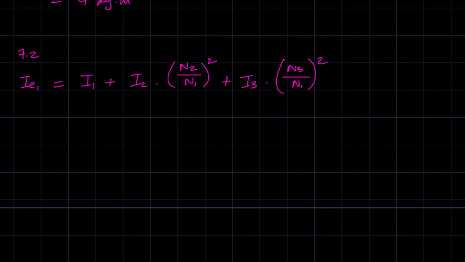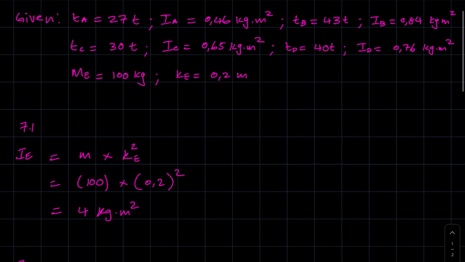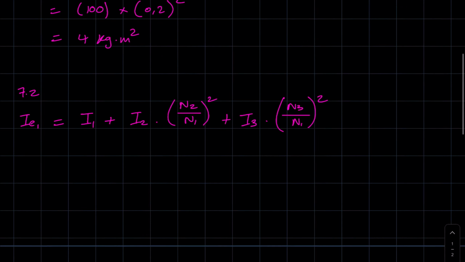This is how we generally calculate the equivalent moment of inertia for the input shaft. But now, if you look at our information here, we haven't been given the rotational frequencies of the shafts. What we've been given instead is the number of teeth of the gears.